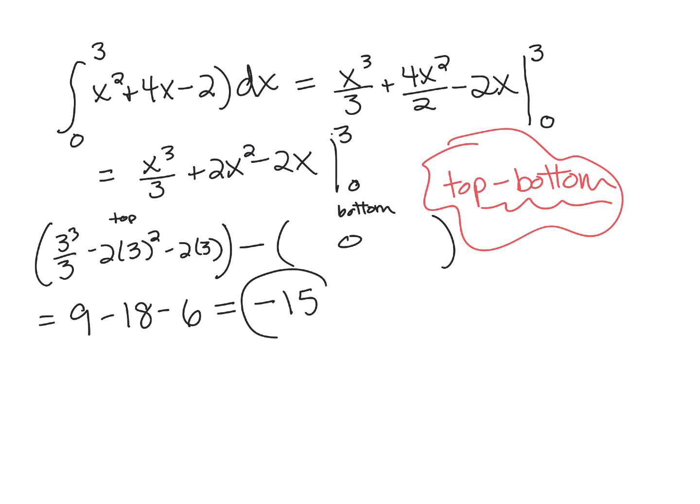Now, the area there is negative. That means that more of this function was below the x-axis from 0 to 3 than was above. We had more area under than we had above. And we found the net value there. So this was just a definite integral that we did.